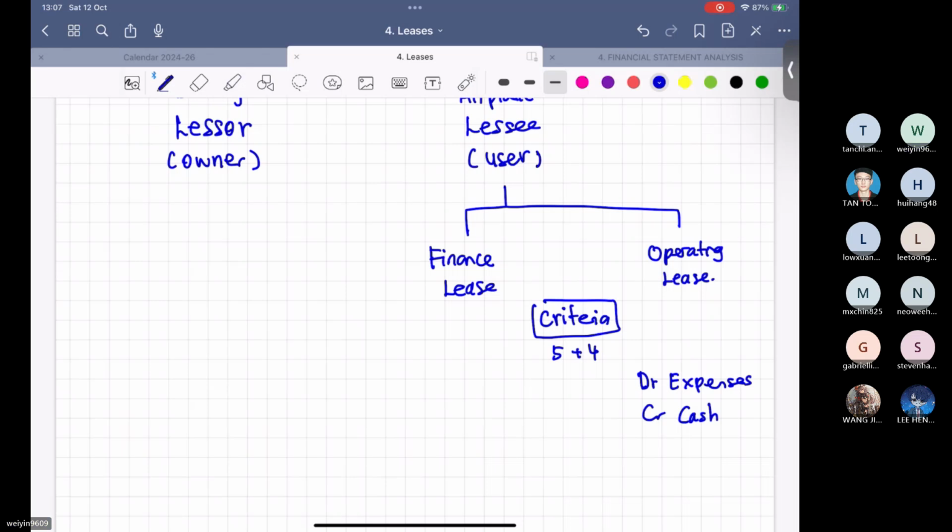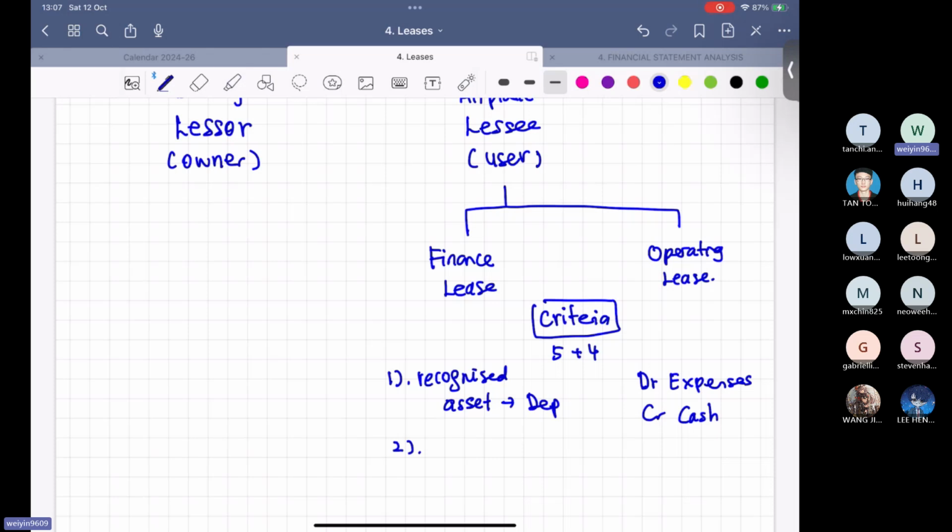Close case, right? If your criteria are met to be classified as a finance lease, then first, you have to recognize your asset, and since you recognize the asset, you have to go for depreciation. Number two, because you signed the contract, you need to make the payments. For example, I sign up for these airplanes for 3 years.